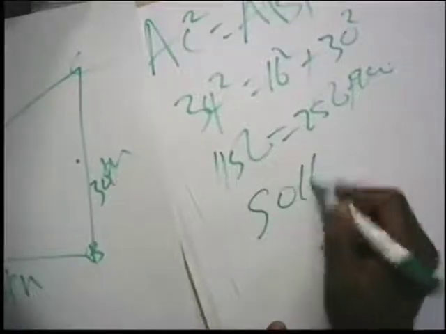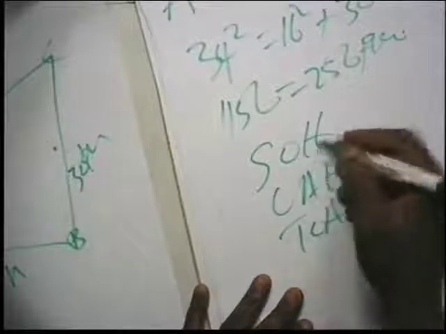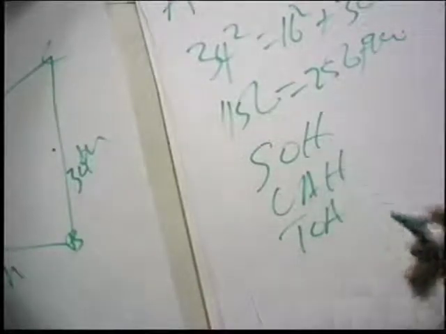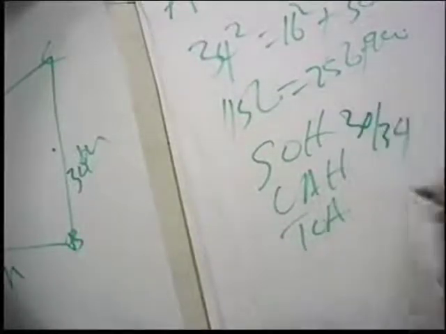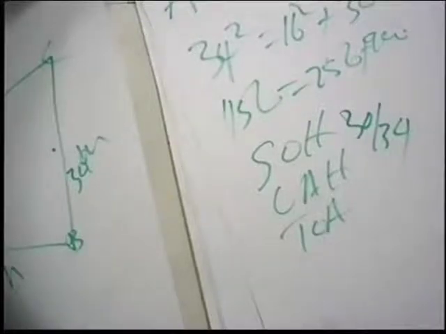Now if you are saying sin CAB, that is our sine there, equals what we call SOHCAHTOA: opposite over hypotenuse, adjacent over hypotenuse, opposite over adjacent. Then it will give you 30 over 34. Then from there, you can sort it out.